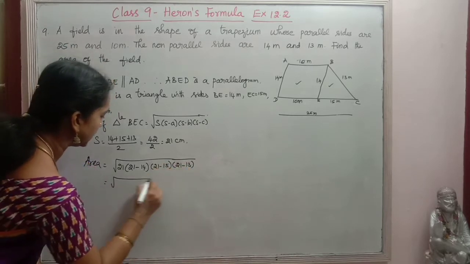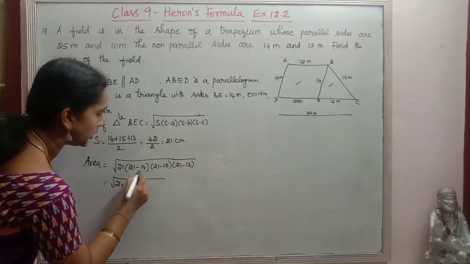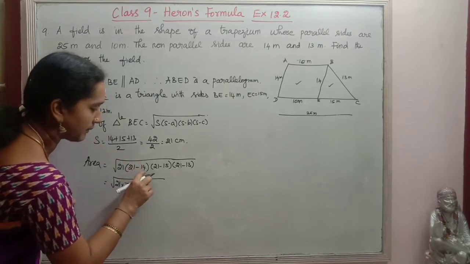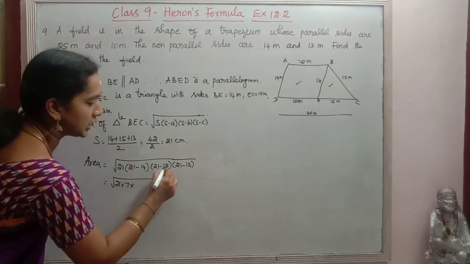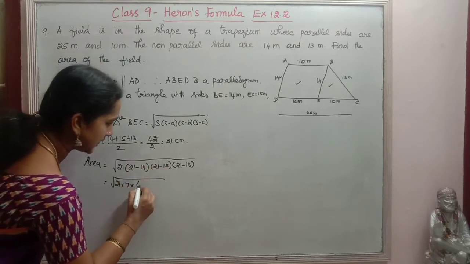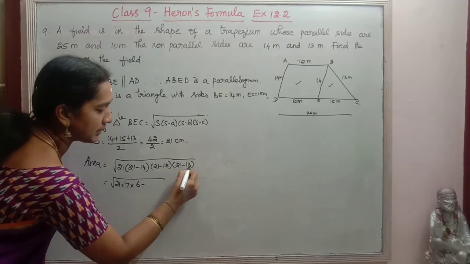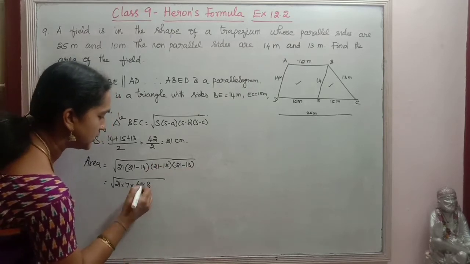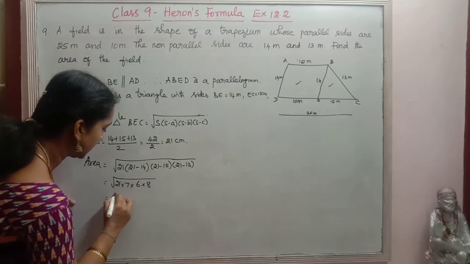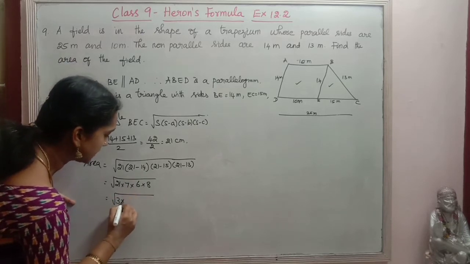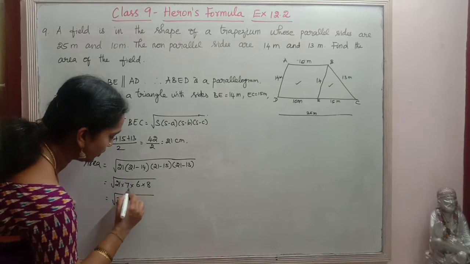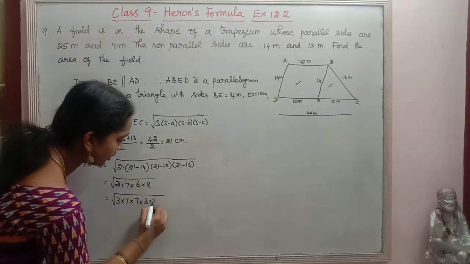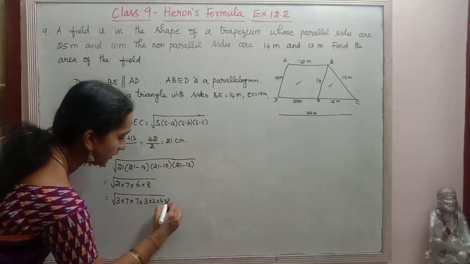That is root of 21 into 7 into 6 into 8. We write 21 as 3 into 7, keep the 7, 6 as 3 into 2, and 8 as 4 into 2.